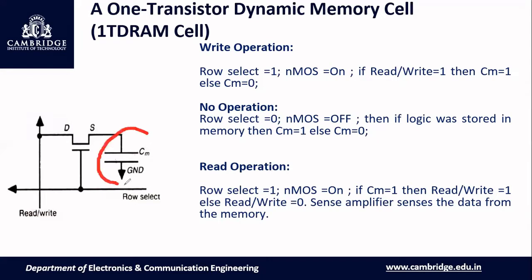As long as this capacitor is holding the charge, only that much time your data will be stored. You know that MOS capacitors will be used. Those MOS capacitors can hold data for 1 millisecond or less than that. Afterwards, the data will be lost or it will be slowly drained.